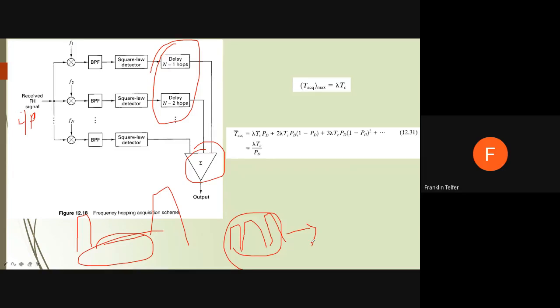So here it requires a number of correlators or matched filters. It gives you a full parallel acquisition. Apart from the two figures which you have seen, we have used correlators and filters to implement the parallel search.